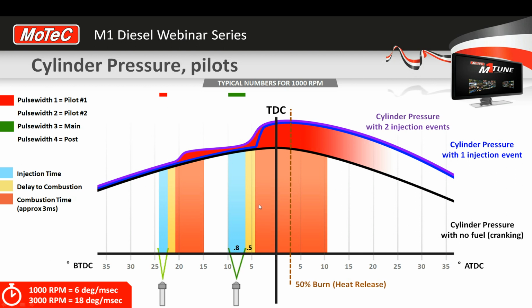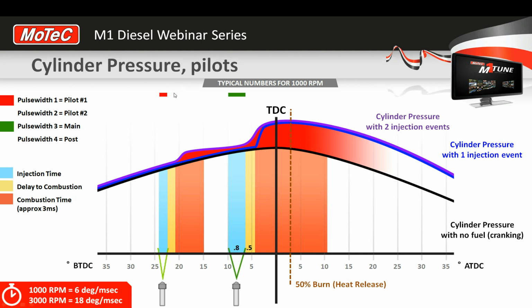So I know most performance teams are not using pilots, so it's more of a drivability thing, definitely helps for reducing emissions and reducing combustion noise for customer satisfaction. So that's the idea of the pilot, and that's what it looks like.